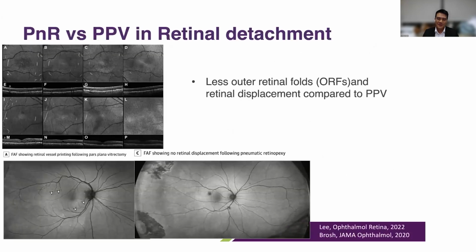And how do we explain this? Pneumatic retinopexy may cause less outer retinal folds compared to vitrectomy with gas tamponade. And why is that? Because during vitrectomy, when we perform fluid-gas exchange, at least I was taught that we should aggressively remove as much subretinal fluid as possible.